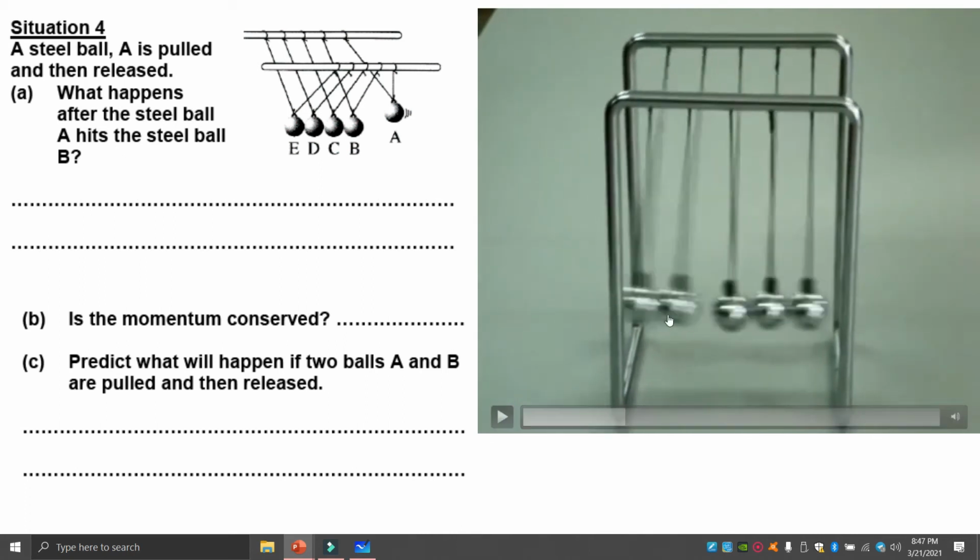So you can see here when the two balls, right, hit another 3 balls here. Okay, only one will stay at rest while the other 2 will start moving.